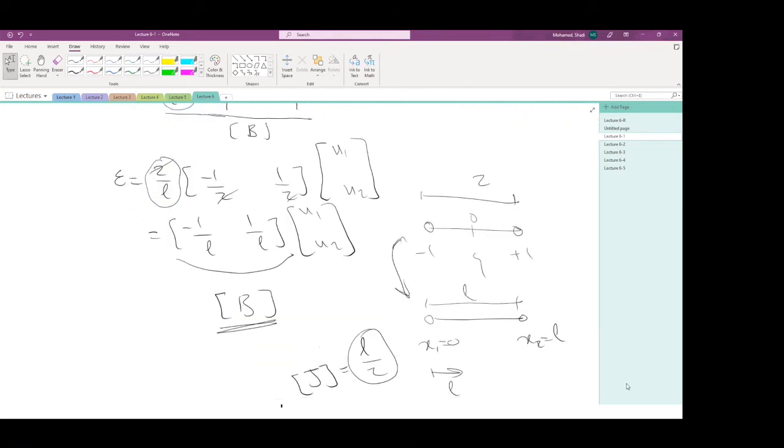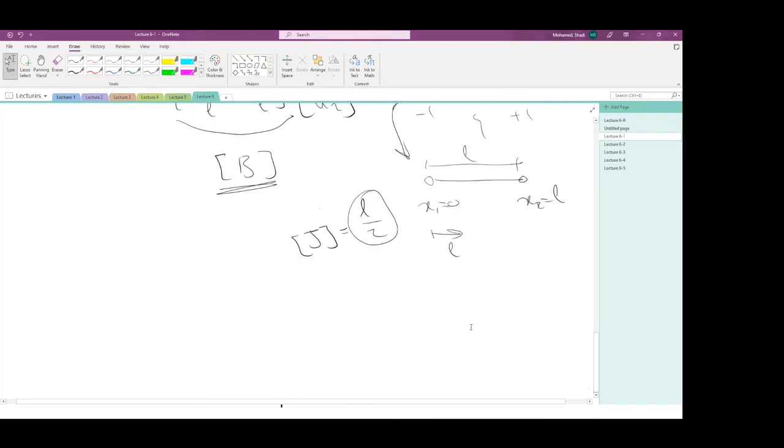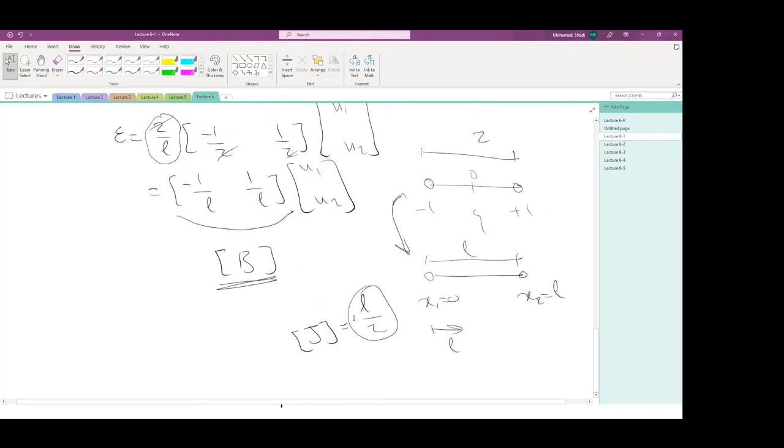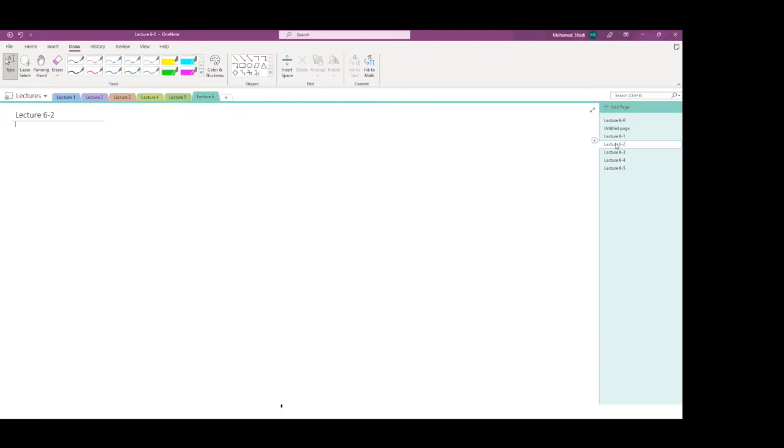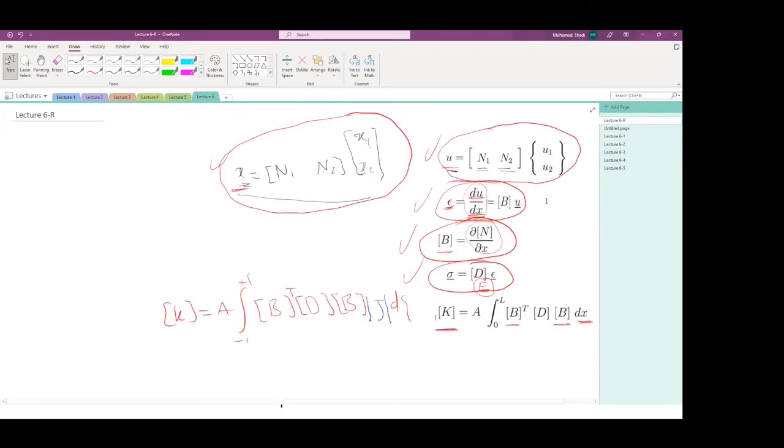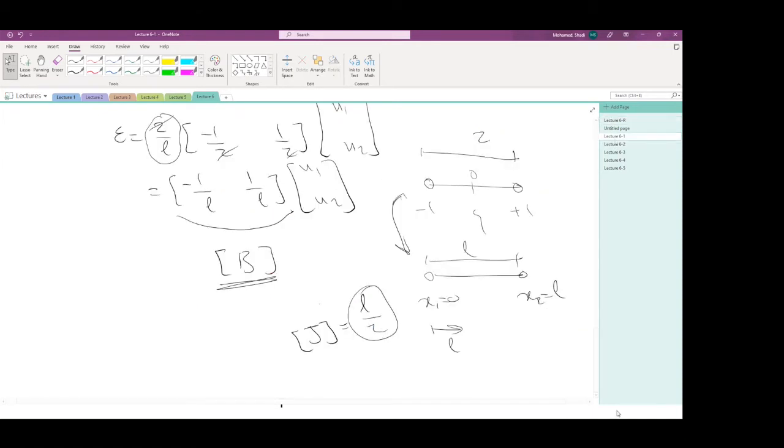The other place where we need the Jacobian matrix is the stiffness matrix. I'll just continue writing on the same page. I'll just copy the expression.